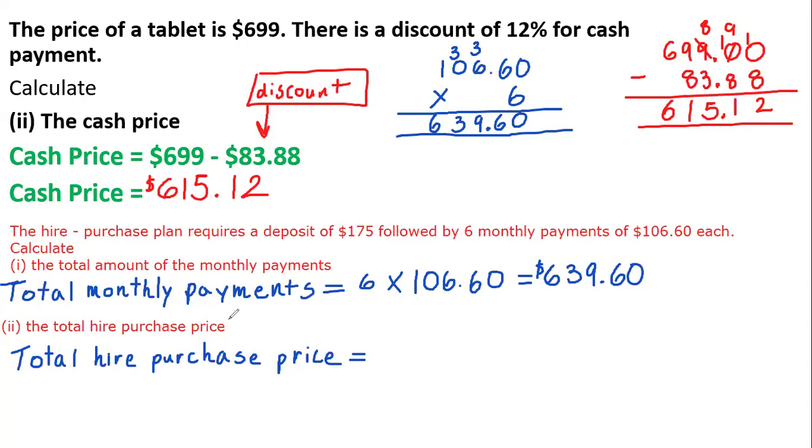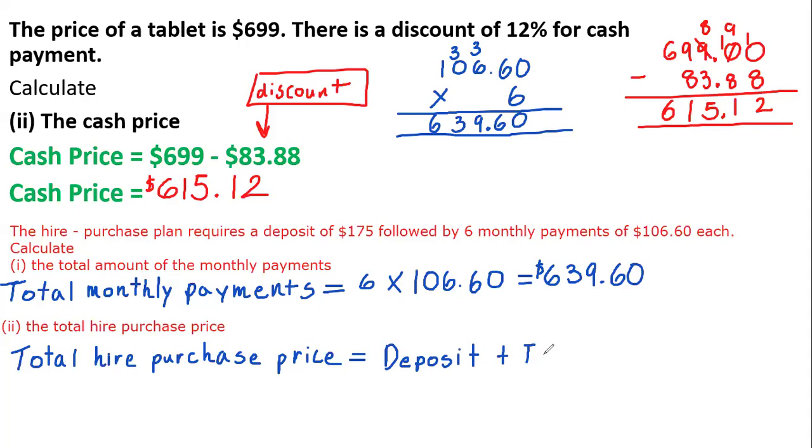You'd add $639.60 plus $175. Very good. We add the deposit, plus what? Deposit plus the total what?